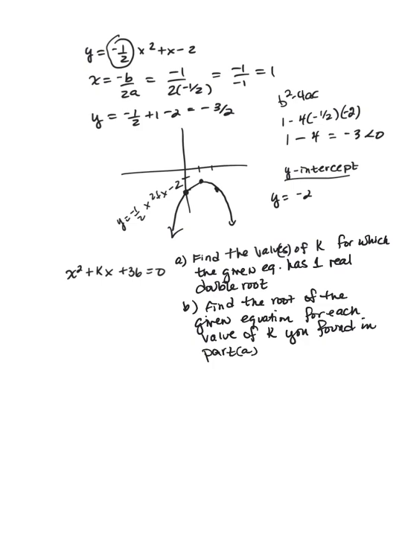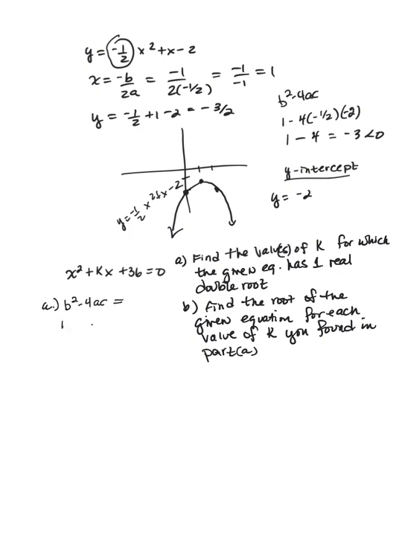All right, so let's do this. I want to find this value of k that has one real double root, and then I'm going to find the root for the given equation for the values of k that I found in part A. That's what it says for each value. So I start off, I have b squared minus 4ac.